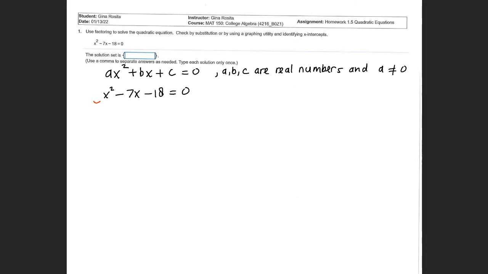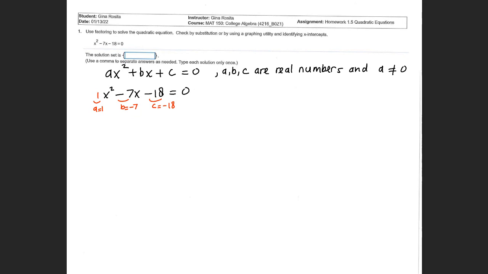A equal 1. Okay, write down over here 1. B equal negative 7. C equal negative 18. Okay. To solve this one, we have to find the product.